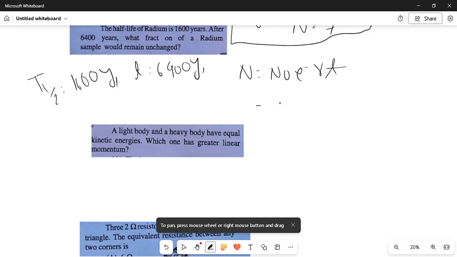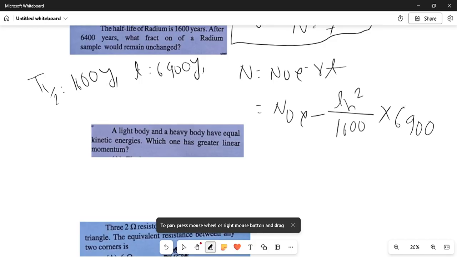We know that gamma is equal to ln2 by T half. T half is 1600, and t is 6400, so t by T half is 4.